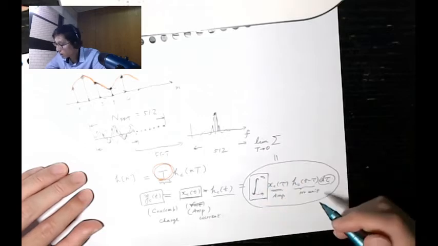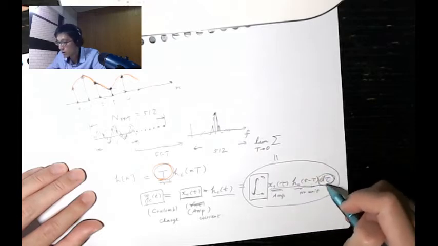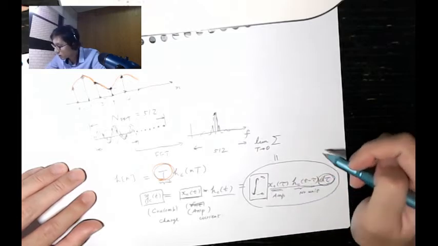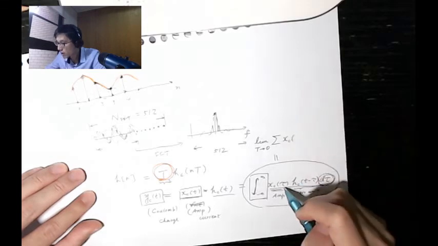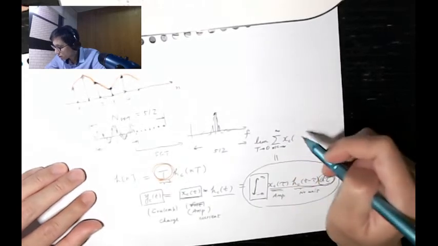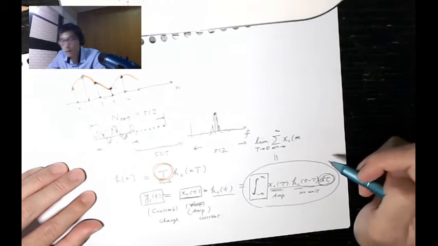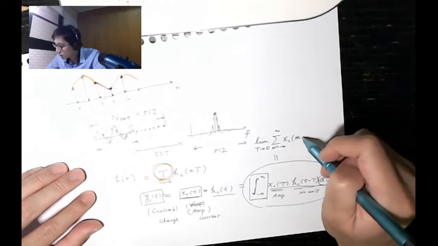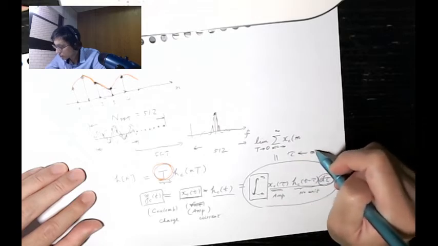So this is the function, integrating over tau. All we need to do is put in x of tau, replacing tau by integer multiples of T. Let's say the dummy index is m, so tau is replaced by m times T.